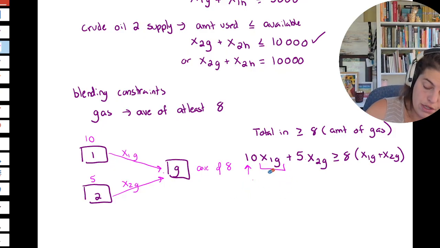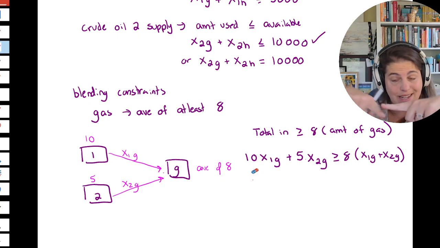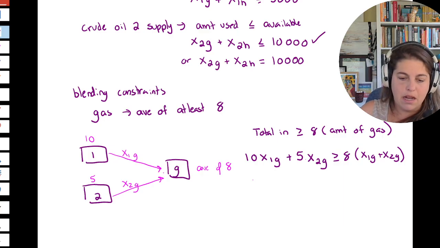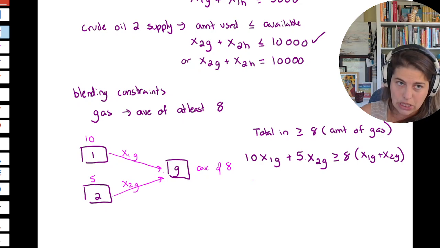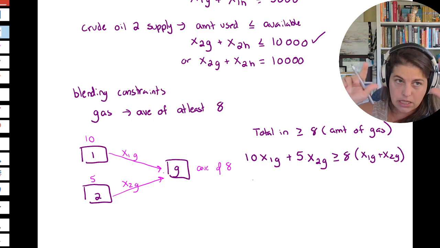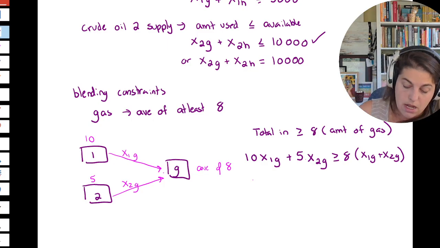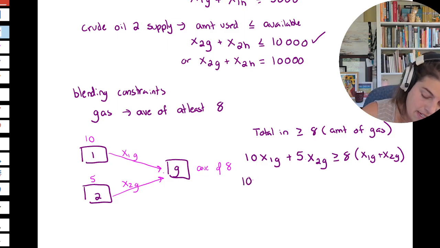Now, in order to make this a proper linear equation, you can put this into Excel just like this. Excel is smart. But depending on professor requirements, when you're writing it out, we want to bring all the variables to the left side, only numbers on the right-hand side. Yes, I literally had to go left and right there. And so when I rearrange this, I'm going to have 10x1g plus 5x2g.